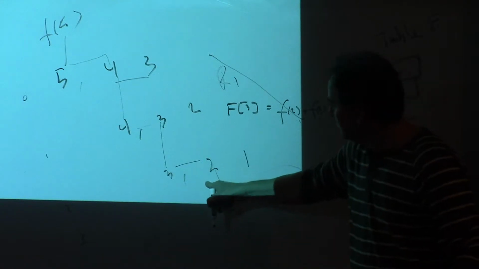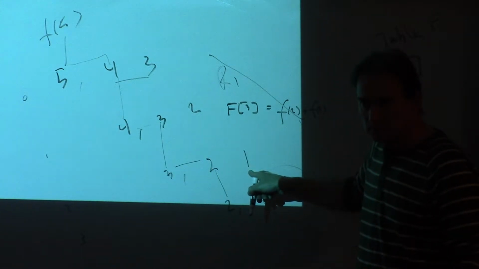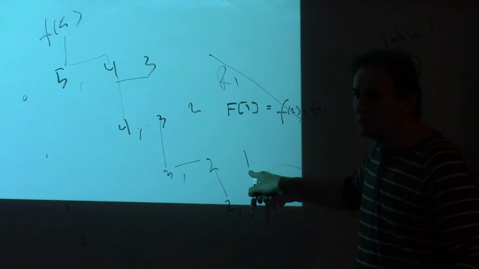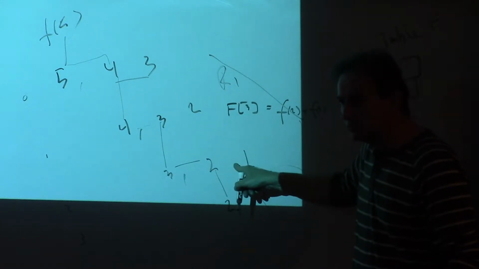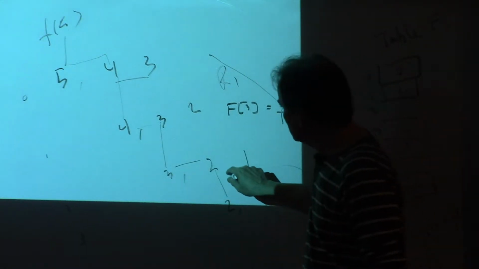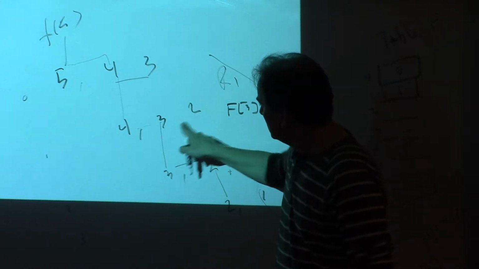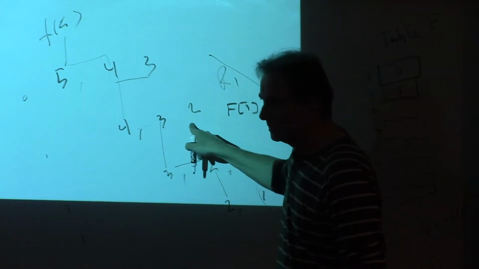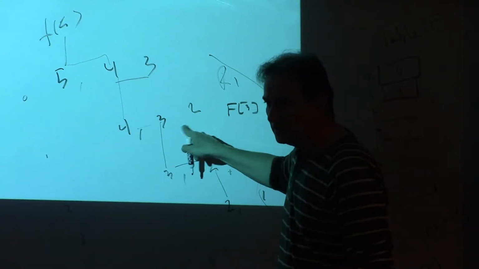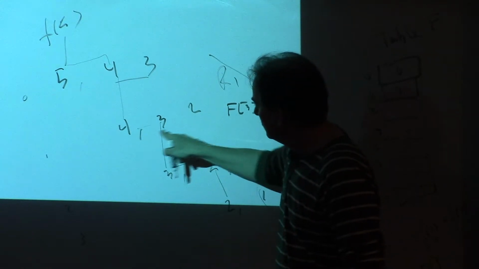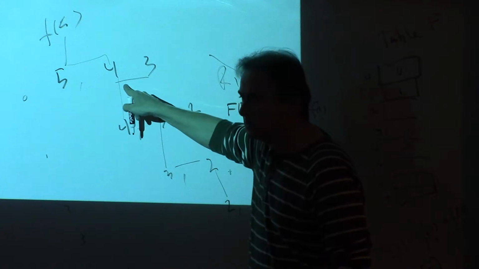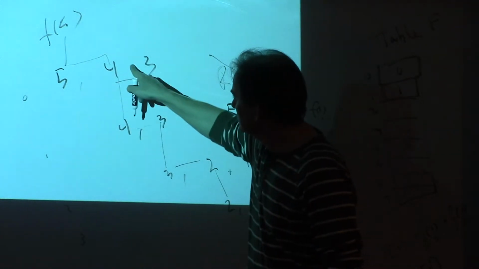How much is being done at level 2? Another unit of work, because we got to do an addition. Once we have that addition, then this is already computed. How much work is being done here on this level, level 1? Another theta of 1. 4 is computed. How much work is being done here then? Another addition, theta 1.